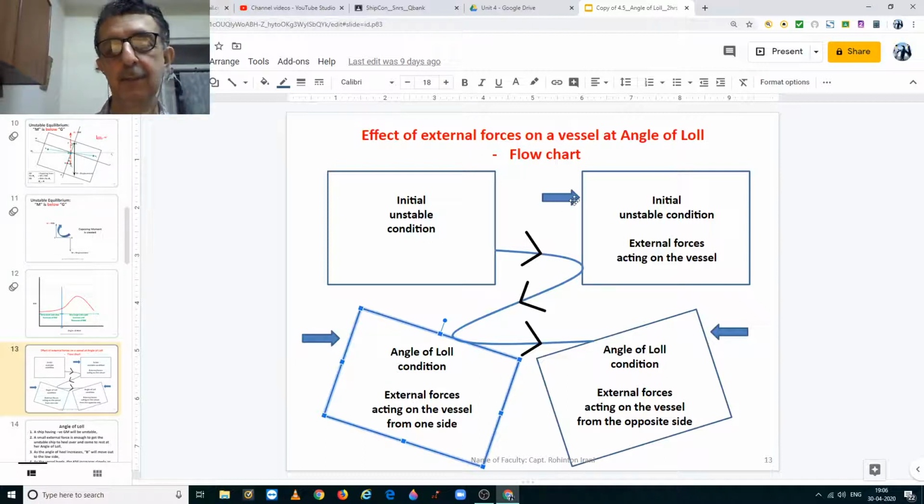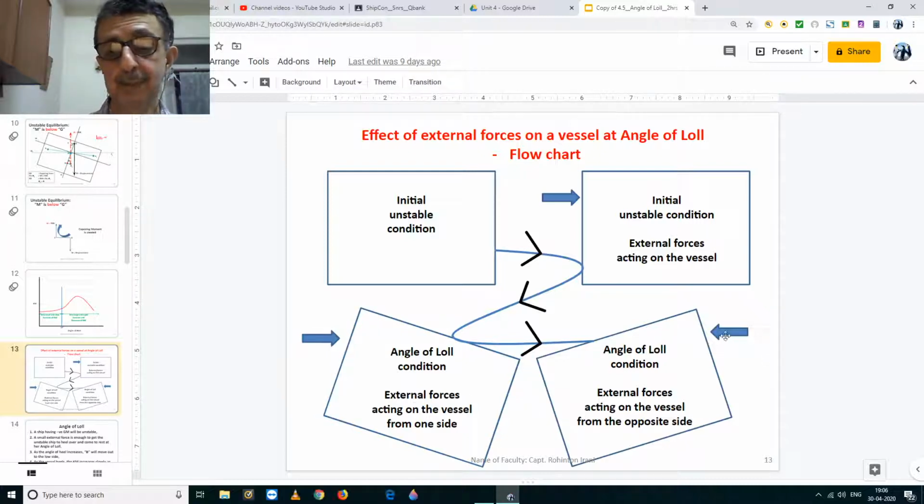Since the external force was, let us say, from the port side, the angle of Loll is towards the starboard. Now, should the external force come from the starboard side, the angle of Loll will be to the port. So in effect, the ship keeps moving around from starboard to port if the external forces keep changing directions.